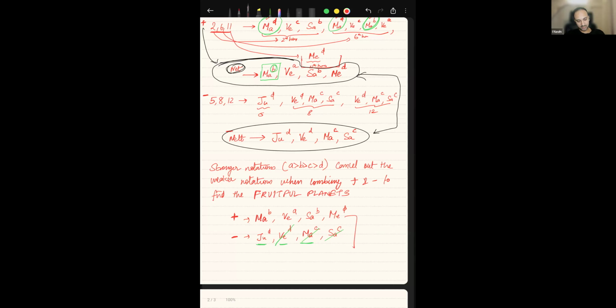I have to write the planet names which are not crossed out here. So Mars, Venus, Saturn, Mercury. These are my fruitful planets. And this is step one. This is the result of step one.